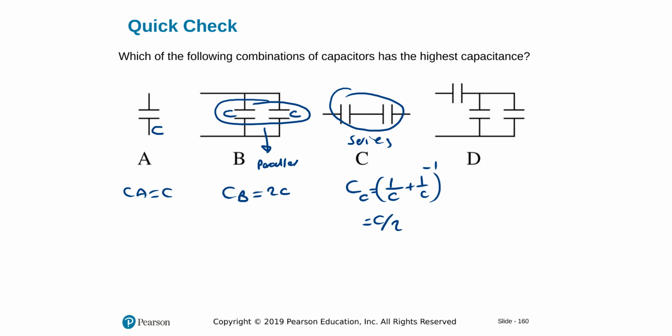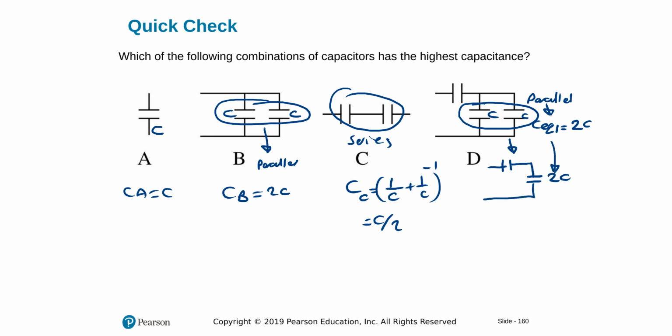Over here I have a mixed, actually a complex capacitor circuit. These guys are in parallel. I will do their equivalent capacitance first. I'll call the C equivalent 1. It will be 2C. Just add in the capacitances. Then I simplify my system. I replace those two by C equivalent 1, that is equal to 2C, and I have now a series capacitor circuit, and I will find equivalent capacitance.